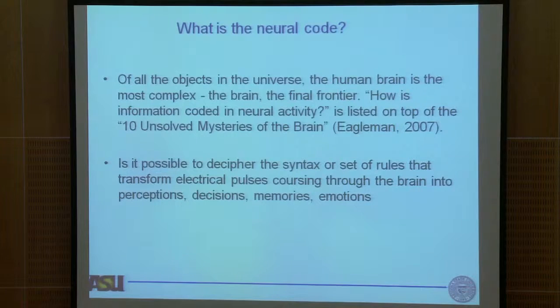So the idea of cracking the neural code is the thesis many scientists have been focusing on trying to resolve. From a pragmatic engineering perspective, can we decipher the syntax, the set of rules that transform electrical pulses, the ones you saw just now?